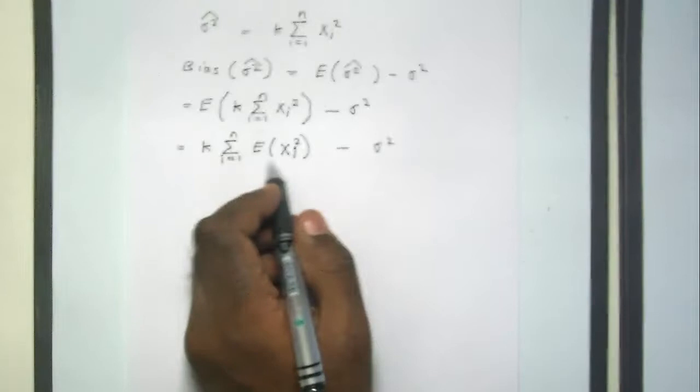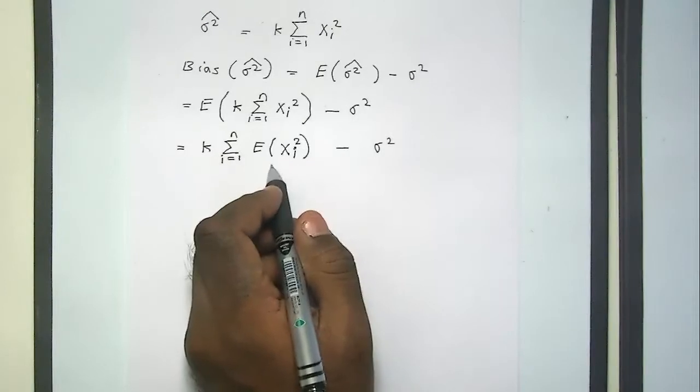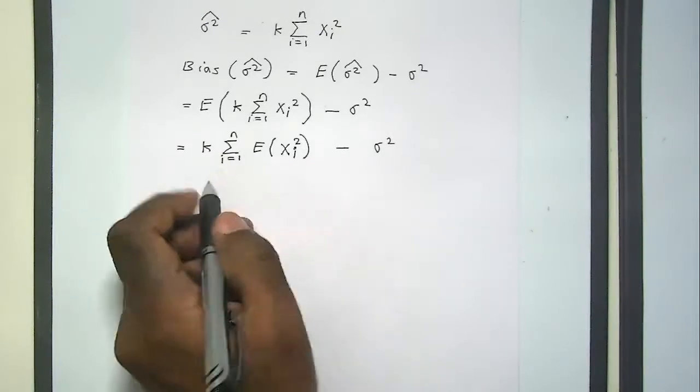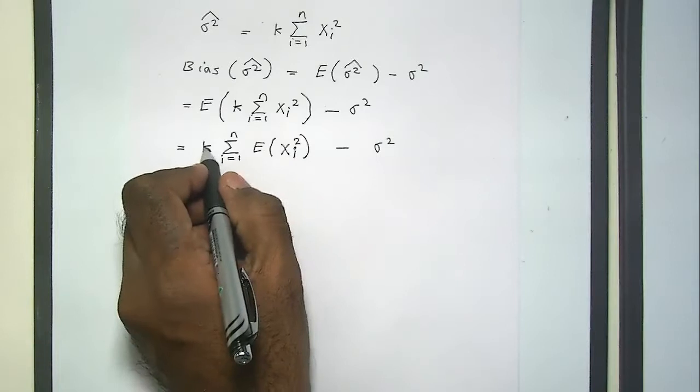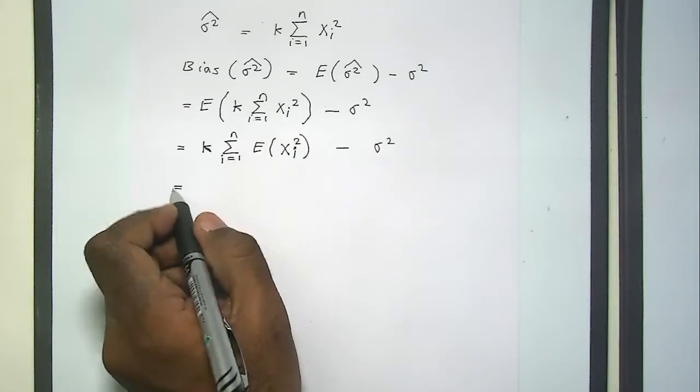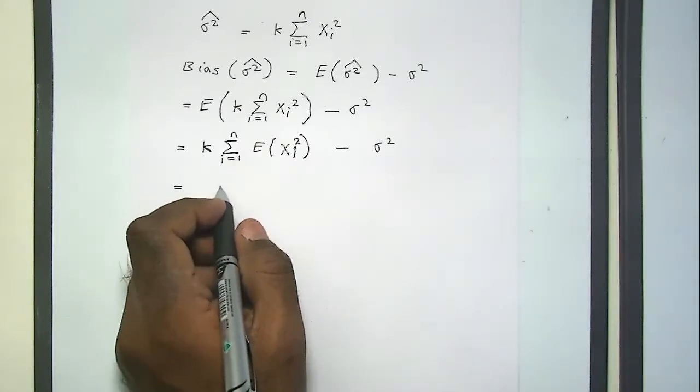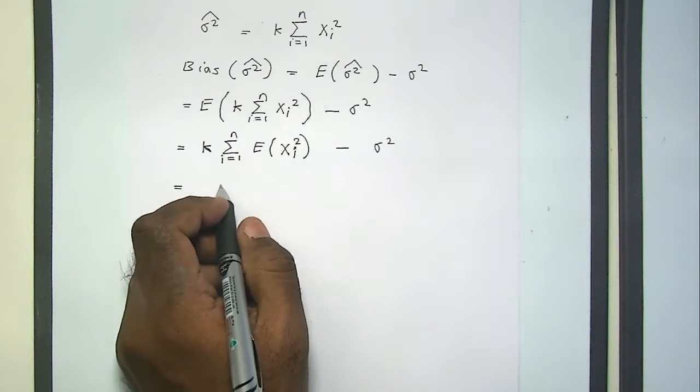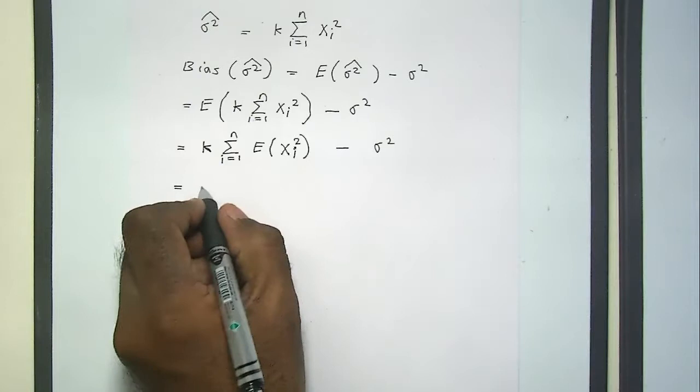How do we find this? Any ideas? It's normal distributed, so we can. It's not normal yet. We are not assuming normality. It's only for the second part. For the first part, we are not assuming normality.